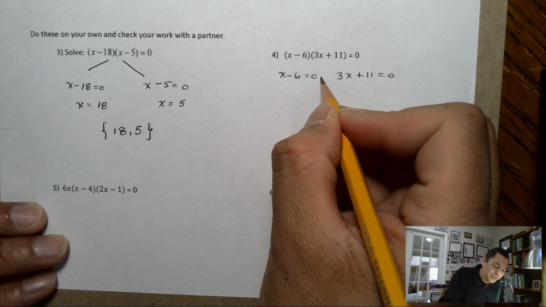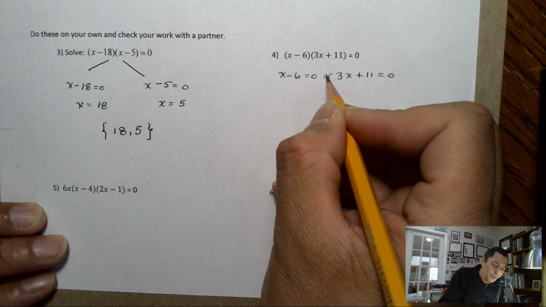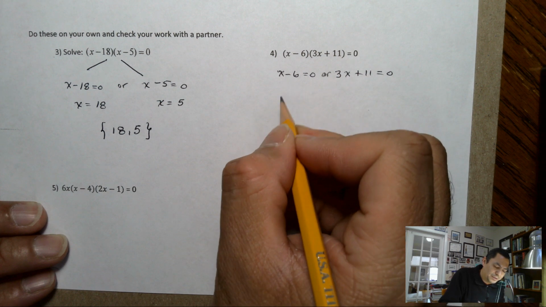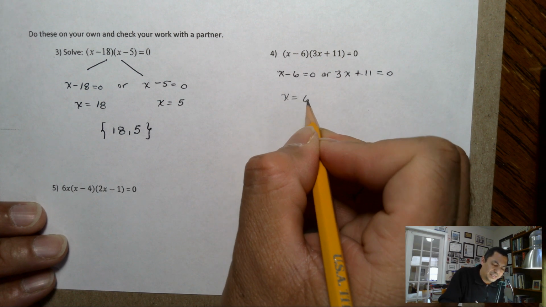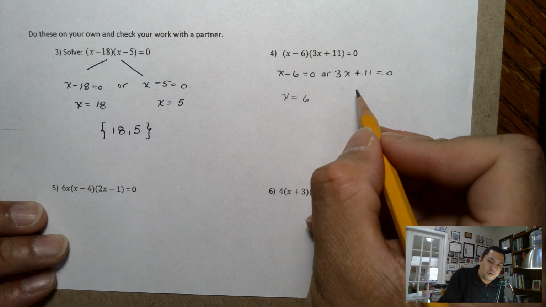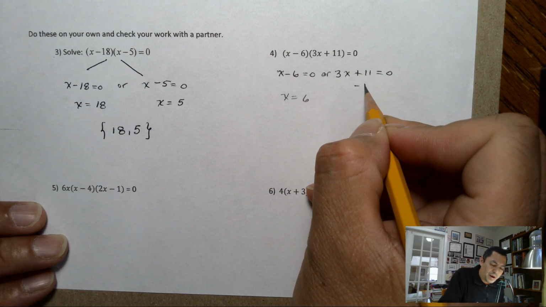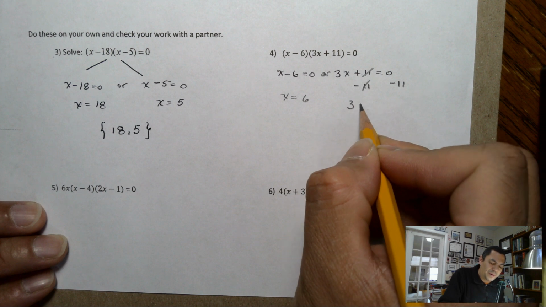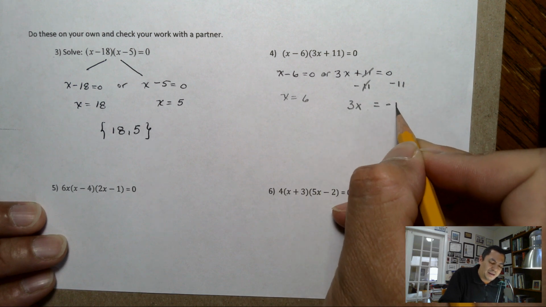I need to mention that here we need to write or. This one gives x equals 6. Here there is a little more work: we subtract 11 from both sides, 11 goes away, so 3x equals negative 11.